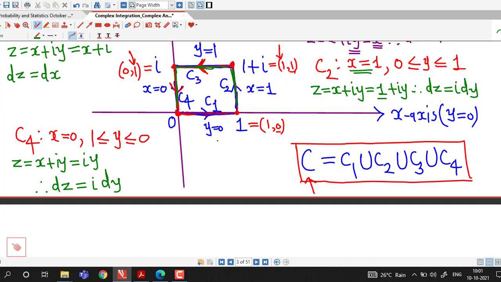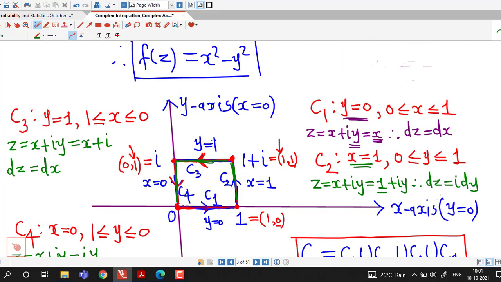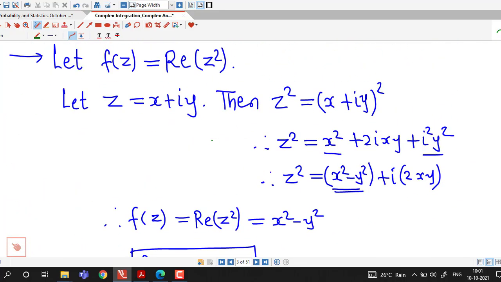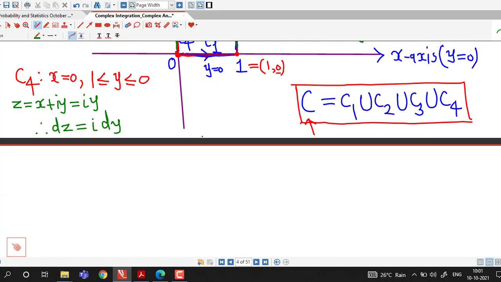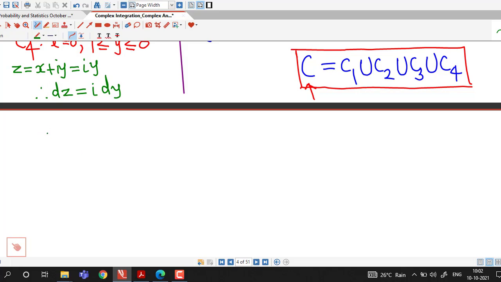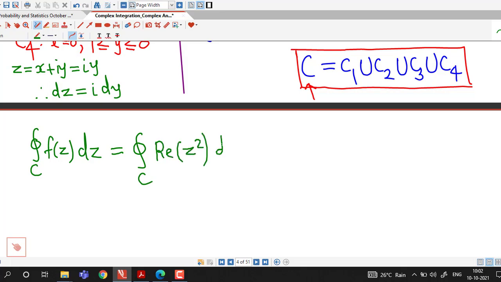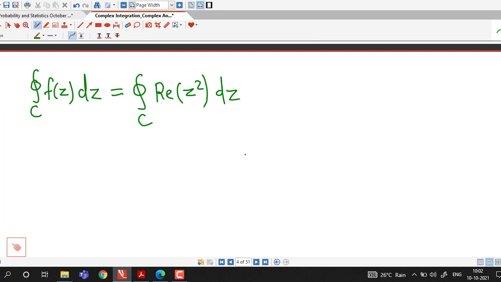So now we keep all these things in mind, and we try to convert our contour integral, the real part of z square dz, in terms of either x or y. Now the integral along contour C is equal to the integral of our function, the real part of z square, dz. Now the real part of z square, as we have simplified, is x square minus y square.